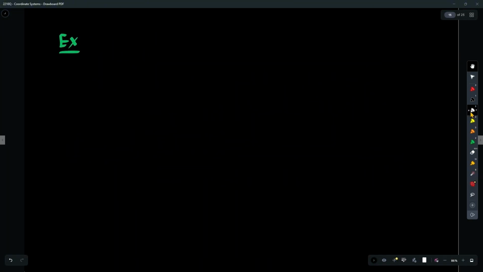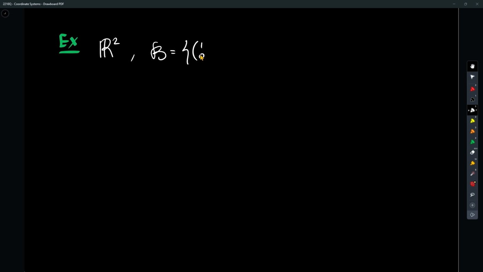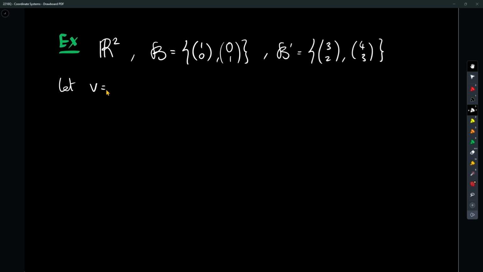For example, in R2, I have the canonical basis 1, 0, 0, 1, the standard basis, and I'm going to pick a new basis, which is 3, 2, 4, 3. And let v be the vector 1, minus 1.